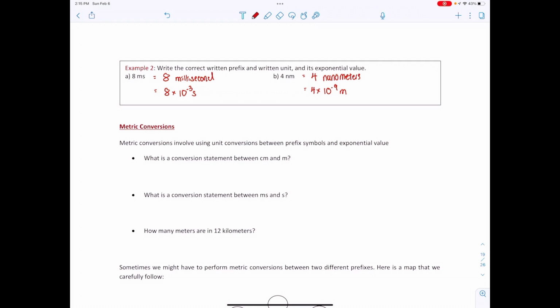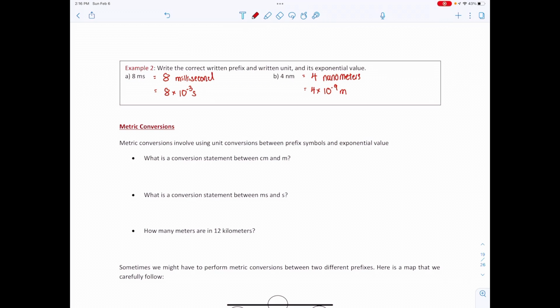And so one of the reasons why we want to learn about SI units and the values of these prefixes is so that it allows us to convert between the different units, right? So for example, if I'm measuring the distance from my house to the school, I might be using meters. I might be using kilometers, km.